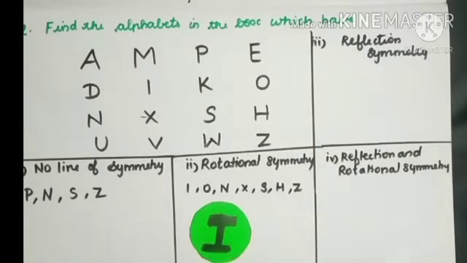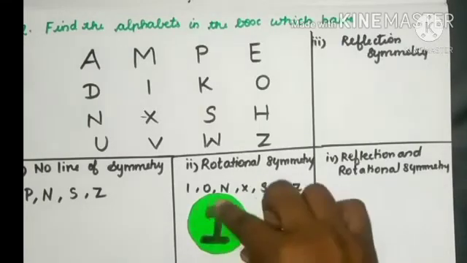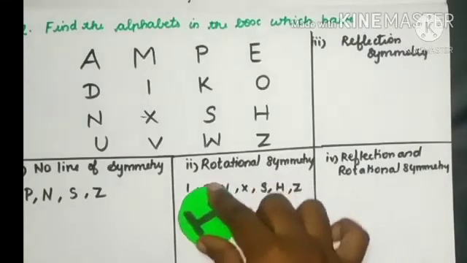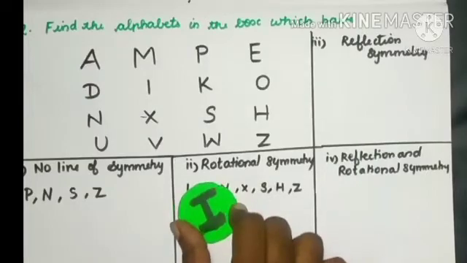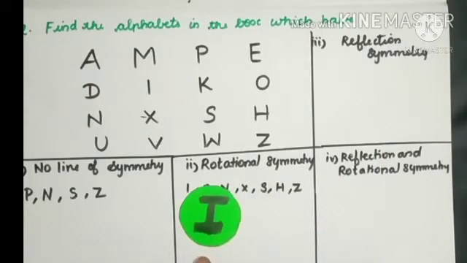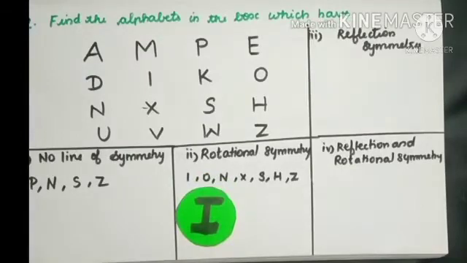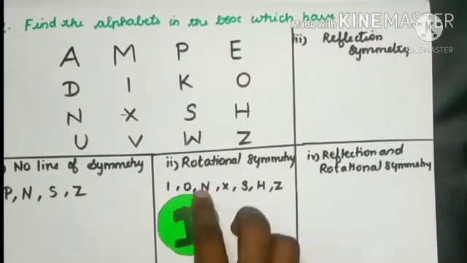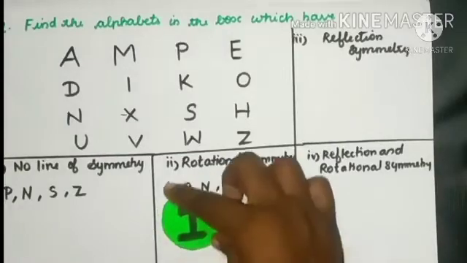An object is said to have rotational symmetry if it looks the same after being rotated about its center through an angle less than 360 degrees. For example, if we rotate the letter N less than 360 degrees, again we get back the position where it started. Let's rotate the letter I.